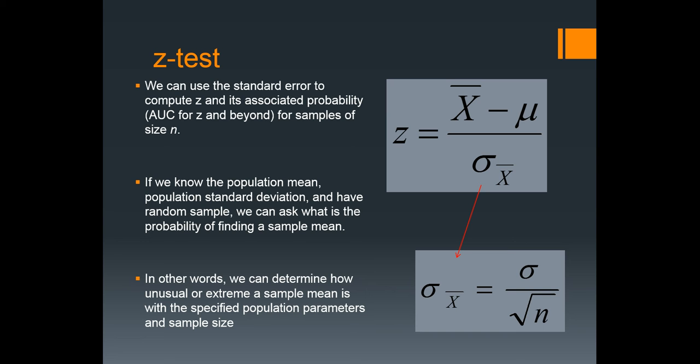What probability is there of getting a 95 sample mean if the population mean is 100? In other words, we can determine how unusual or extreme a sample mean is with the specified population parameters: mean, standard deviation, and sample size.